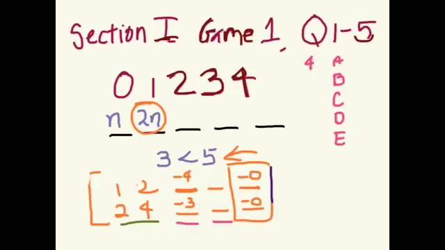So you're looking to see if it works in the first world. So you'd have 1, 2, 3, 0, and the remaining digit there is 4, and that complies with that second rule. So D works, which makes it the wrong answer.